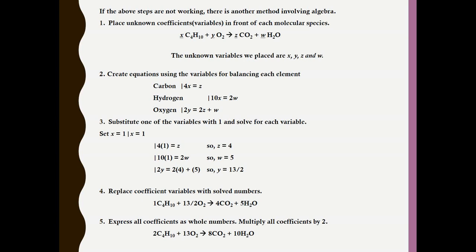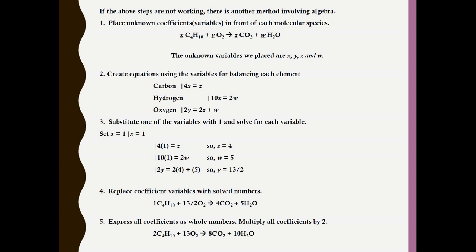Now, to create the equation using the variables for balancing for each element, I can say my carbon is 4x equals Z. If you go back to the equation, you can see that it says C4, and in front of that, I put down the coefficient x.